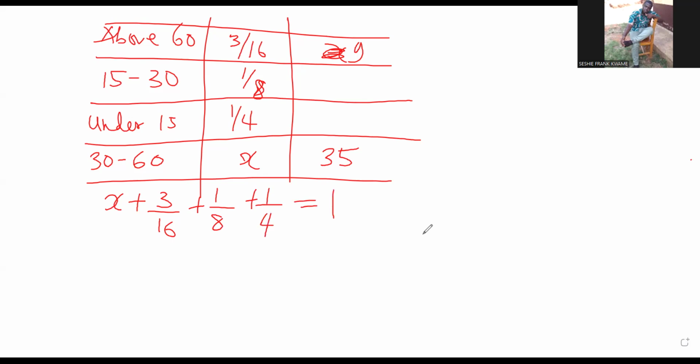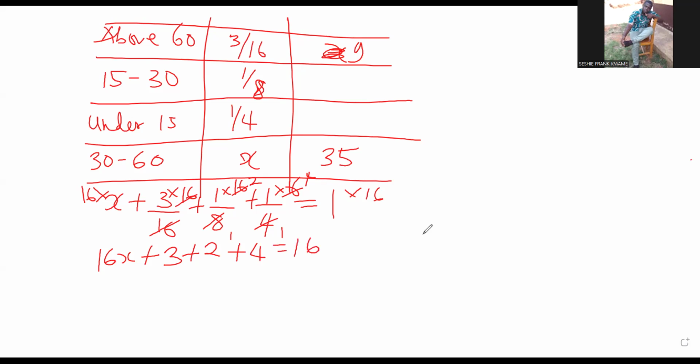My LCM is 16, so we multiply each term by 16. 16 goes over here, 2, and then 4. So we have 16x plus 3 plus 2 plus 4 equal to 16.